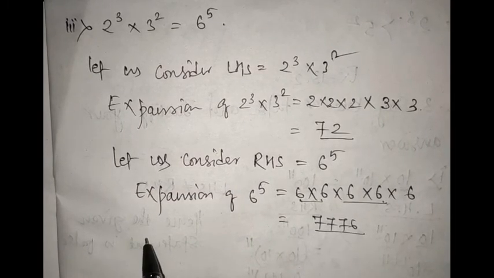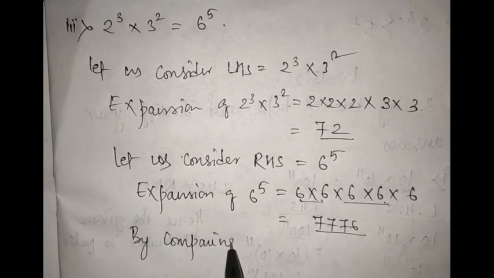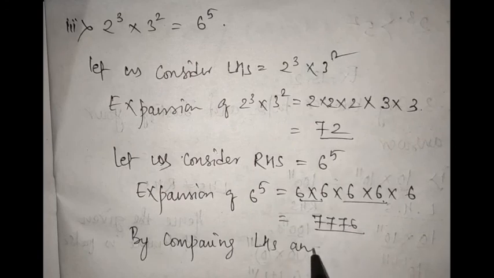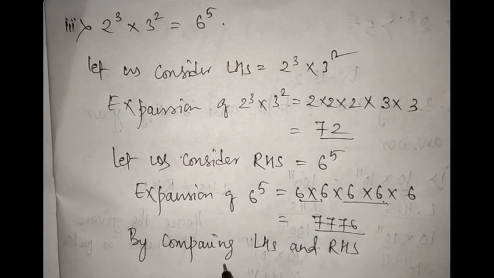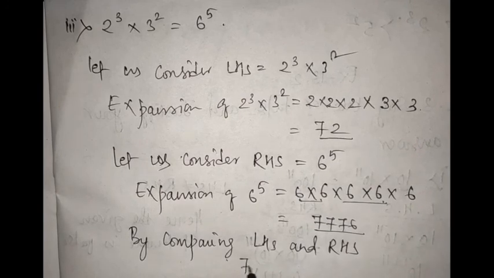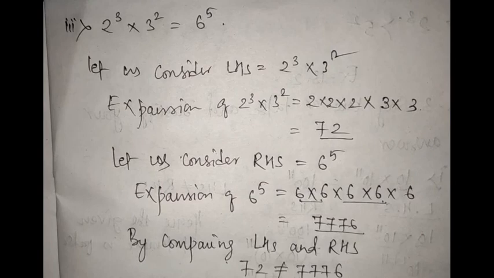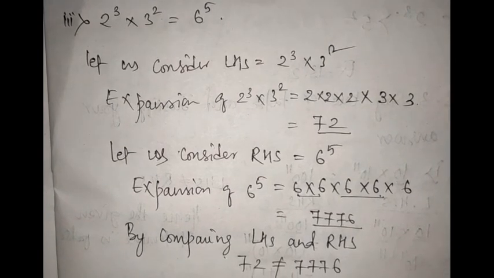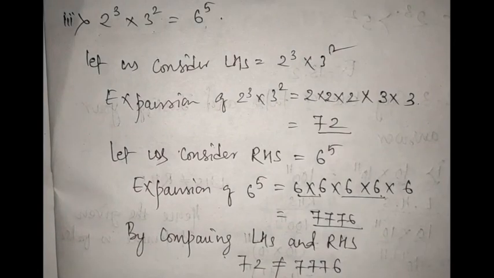So now by comparing LHS and RHS, what you got? 72 is not equal to 7776, but they were saying that this value is equal to this. But what we got?